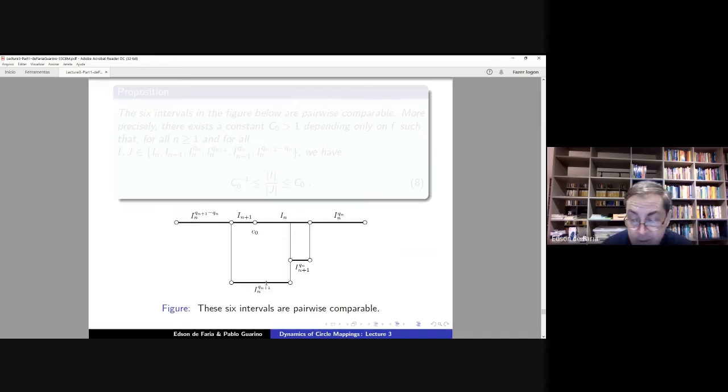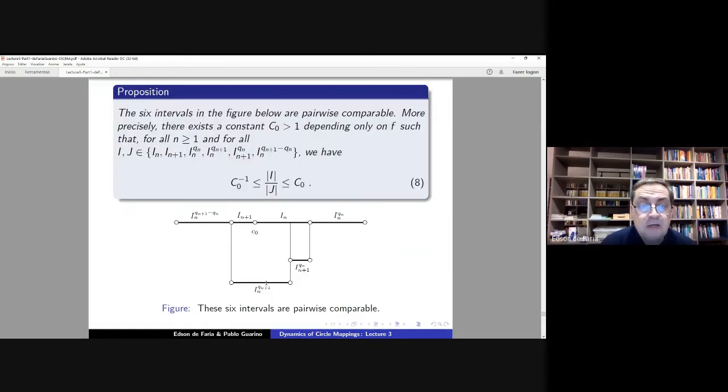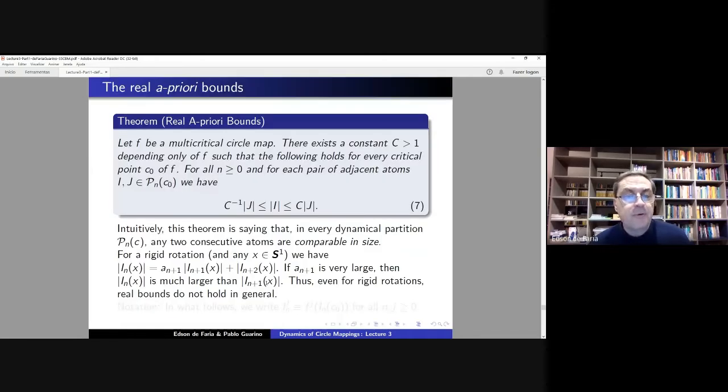Now, the statement of the proposition is that these 6 intervals that you see in this picture are pairwise comparable, okay? So the ratio between any two of these is bounded above and below by this constant C0. There's some constant C0. This proposition is the key for the proof of the real a priori bounds theorem that you see here, okay?